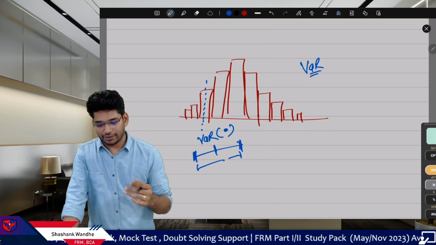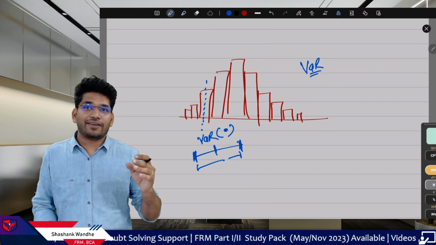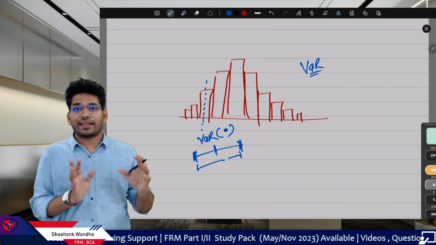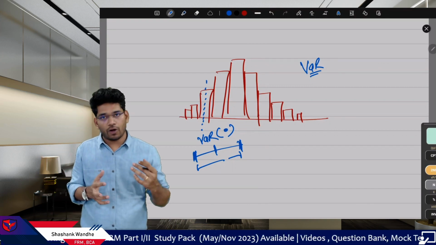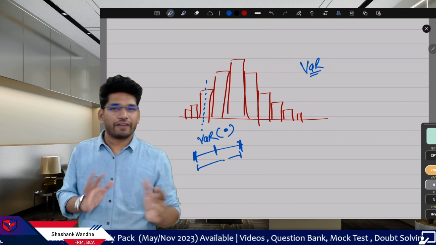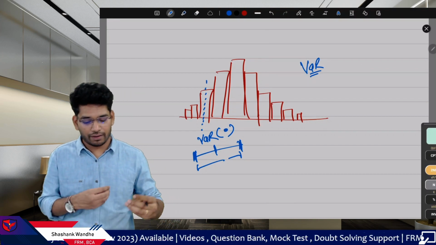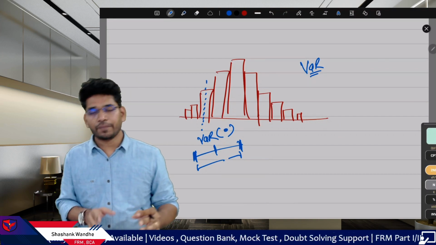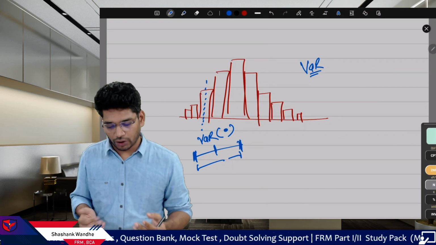As a risk manager, I would say there is very low probability that it will get tested in the examination, because the calculations are very complicated and it is very difficult to solve in the given time. It requires more than 5 to 10 minutes, and a lot of formulas are there. So don't bother about the calculation, just understand the methodology.